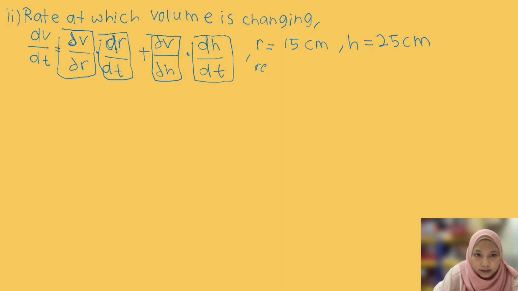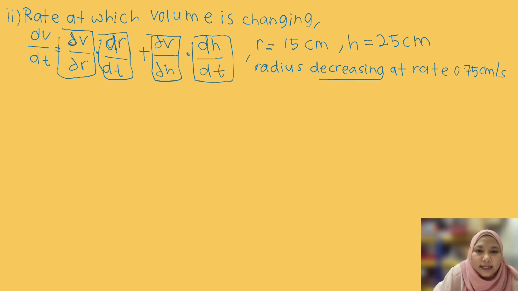The radius is decreasing at a rate of 0.75 centimeter per second. So we have the word decreasing here, and this is the rate, the value of dr/dt, and decreasing means that we have a negative in front.